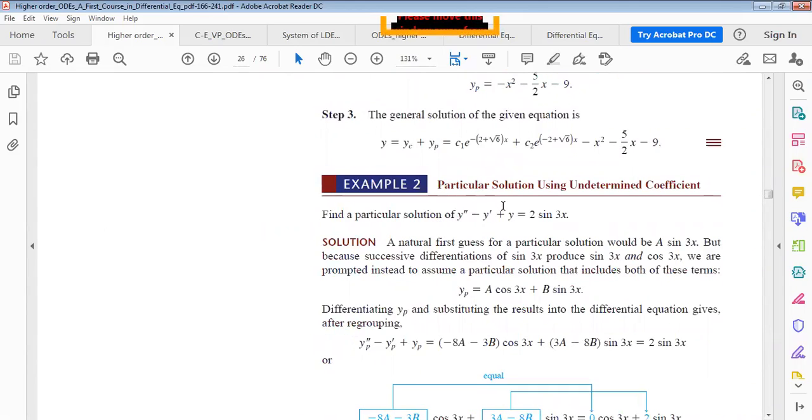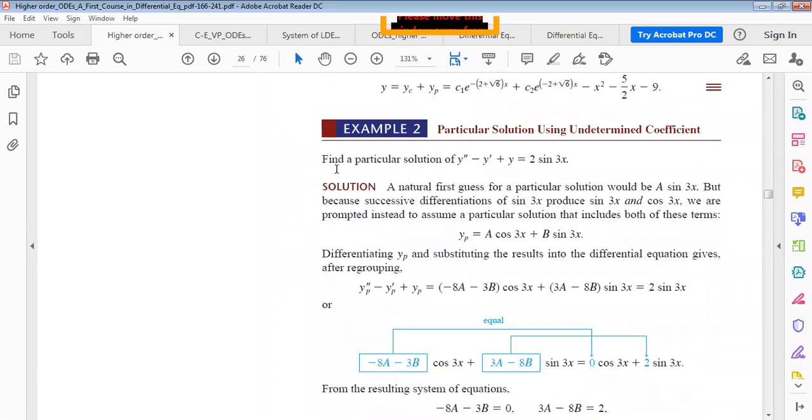Now a particular solution using undetermined coefficients, another example. Find a particular solution of y double dash minus y dash plus y equals 2 sin 3x. This is second order, because the second derivative is present here.